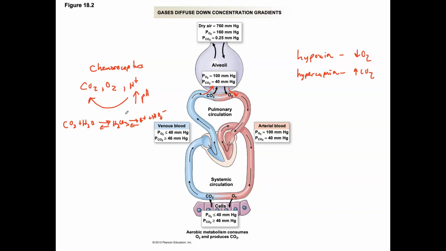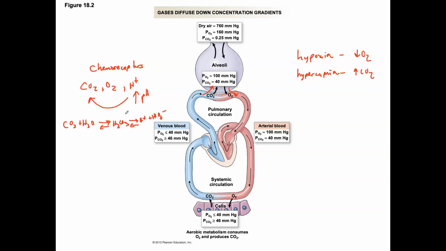And so chemoreceptors are going to be monitoring carbon dioxide, oxygen, and hydrogen ion levels in our arterial blood, even in our cerebrospinal fluid, to ensure that we have homeostasis so we can determine if the respiratory system is functioning properly.